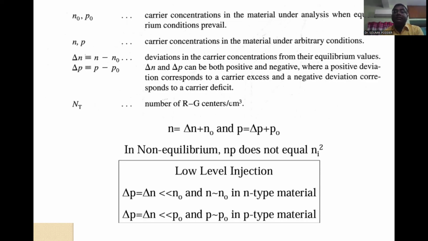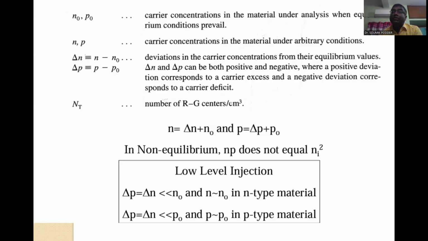We have taken one variable, Nt, that is the number of generation-recombination centers per cubic centimeter of the semiconductor.